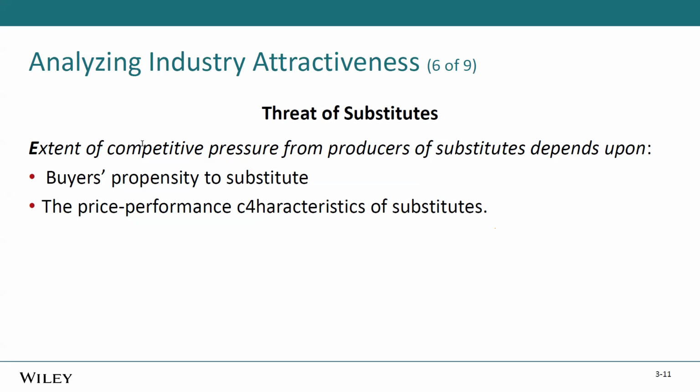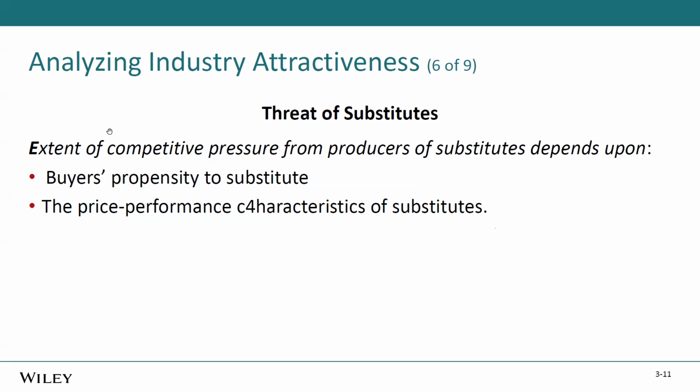If tea costs $1 million, well, that's not a very good price performance characteristic. Tea's not a very viable substitute for coffee if the price is too high. But if the price performance characteristics are similar to or better than our own, well, that might be a threatening substitute, assuming there's a willingness on the part of the buyer to substitute for that alternative product. Some products, you should know, have very limited availability of substitutes.